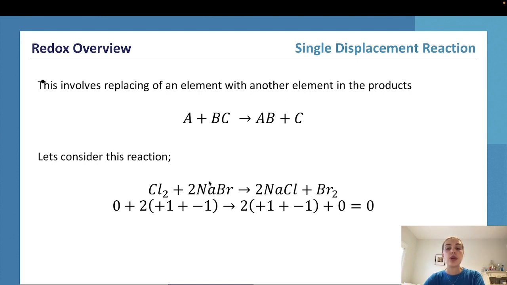We can go on to our rule number 3, which tells us that sodium is going to have a +1 oxidation number because it is a group 1 metal, and we remember based on rule number 3, group 1 metals will have an oxidation number of +1.